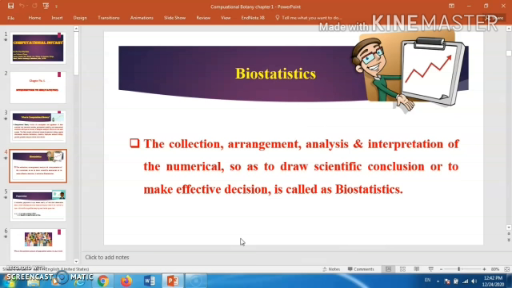in a numerical form. So in that you can tell that you have collected 100 seeds, from that 50 are healthy, 50 are diseased, and after that whatever the number of bacterially infected seeds, fungal infected seeds, and like that, so as to draw a conclusion.